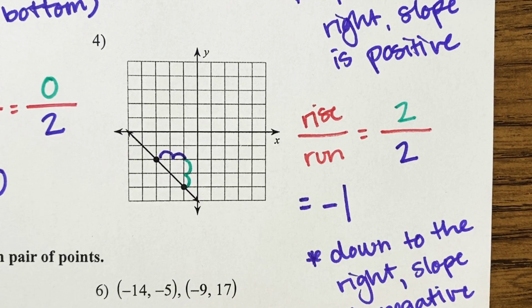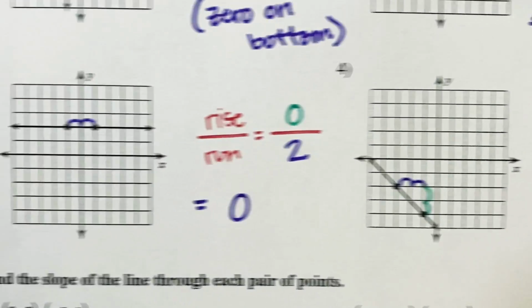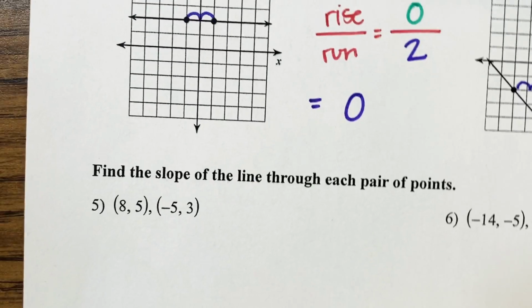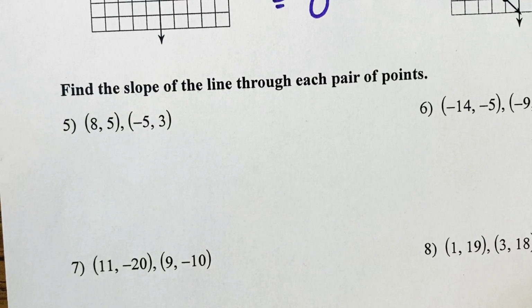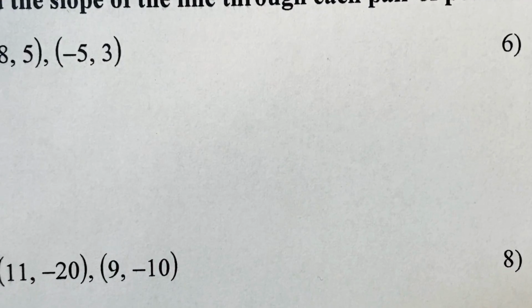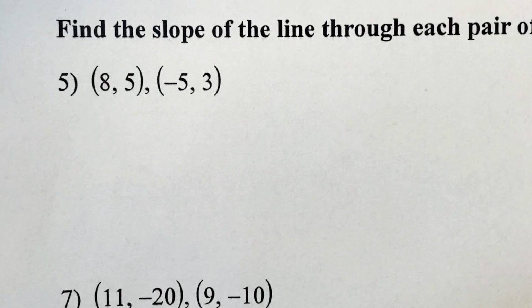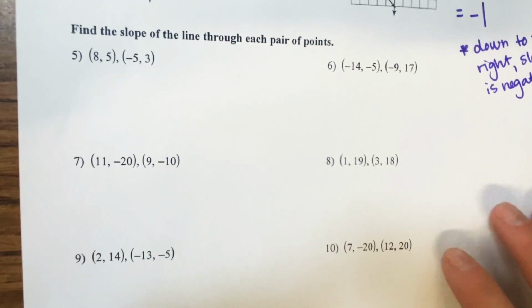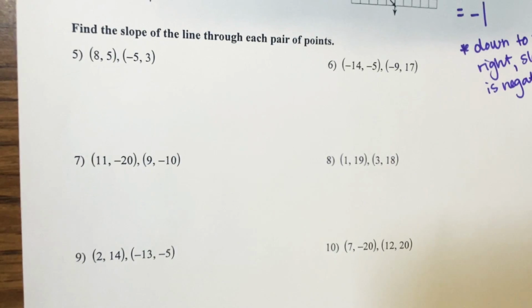So for numbers 1 through 4, we were finding the slope simply by counting from one point to the other. Let's look at numbers 5 through 10. This is where we have to use our slope formula. We are given 2 points. The first thing I want us to do, let me zoom out so you can see this, is label these coordinate points.